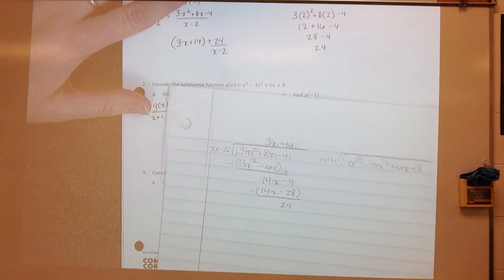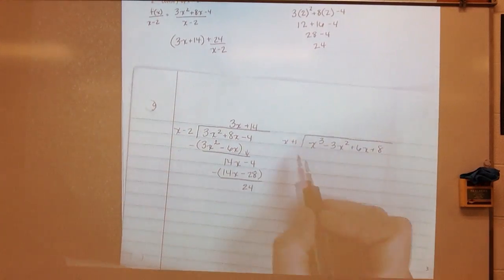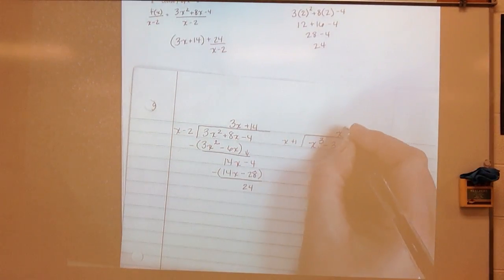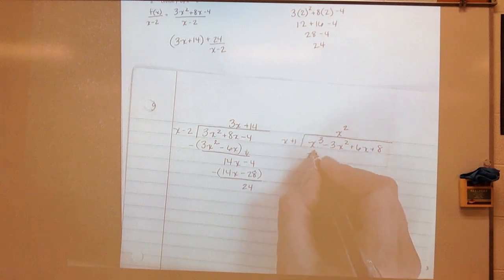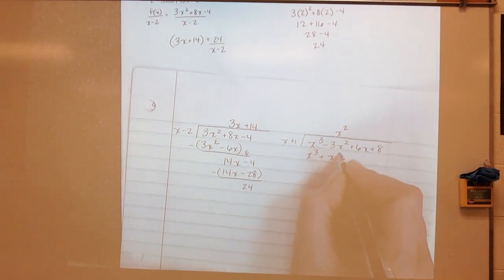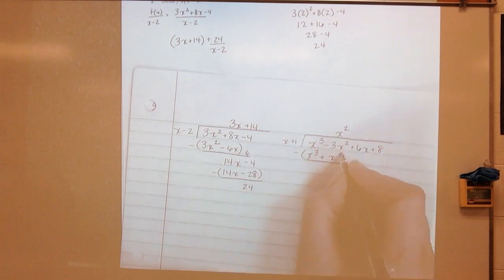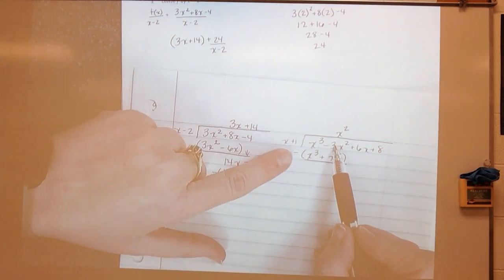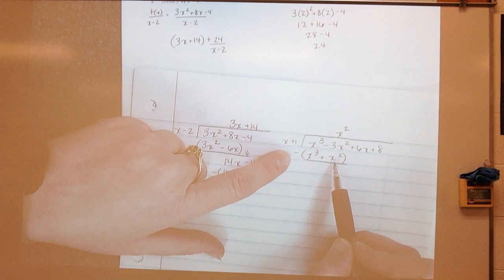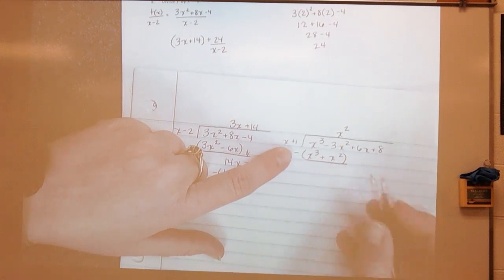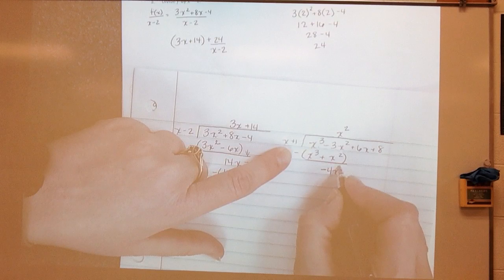Alright, so x goes into x cubed x squared times. So I get x cubed plus x squared. I'm going to subtract that. So I get negative 3x squared minus 1x squared, so that's negative 4x squared.